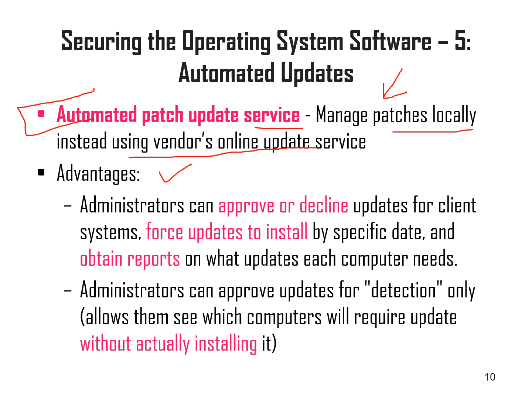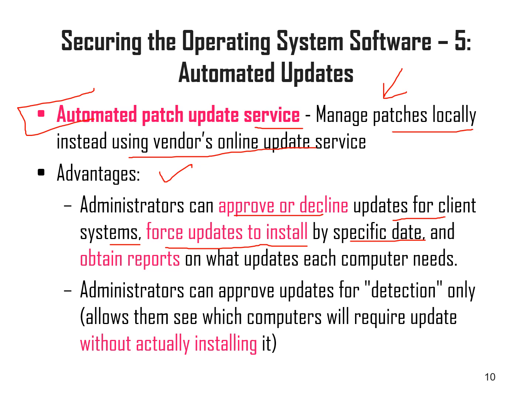So what are the advantages of using this automated patch update service? Administrators can approve or decline the updates for client systems. The administrator in charge of that locally configured automated patch service server can approve or decline updates for the client systems, or force updates to be installed by a specific date for a particular host system.